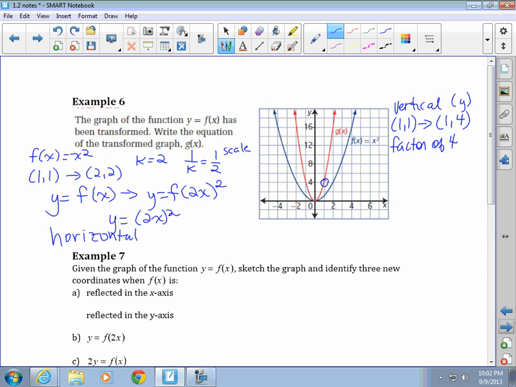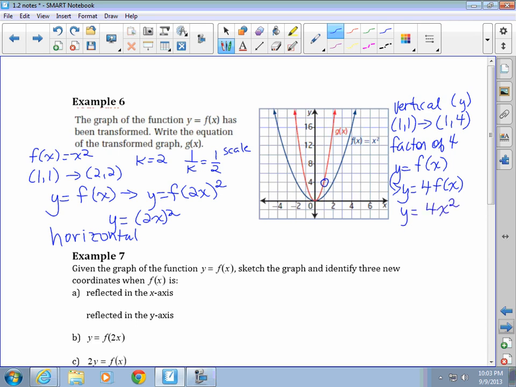If we substitute that into our equation, this is our original, it goes to y equals 4 f(x), which we can substitute. We know that f(x) is equal to x squared, so this would be y equals 4x squared.